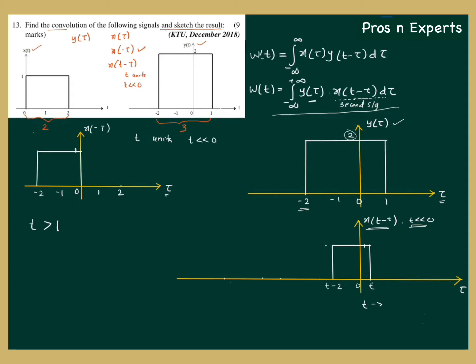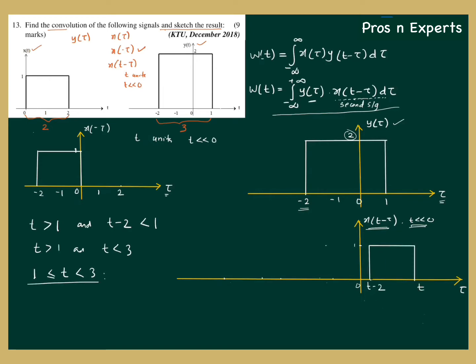T is out of y of tau means t is greater than 1, but the trailing edge is still inside y of tau means t minus 2 is less than 1. So t greater than 1 and t minus 2 less than 1 means t greater than 1 and t less than 3, or 1 less than or equal to t less than 3. This is a new condition. You can draw that condition. Is this right? You can verify.